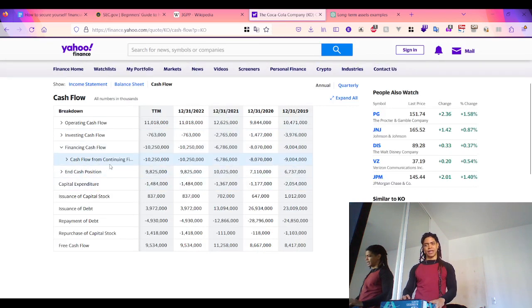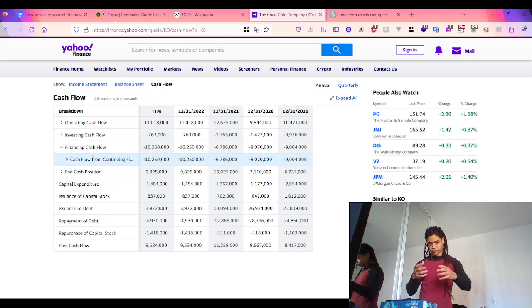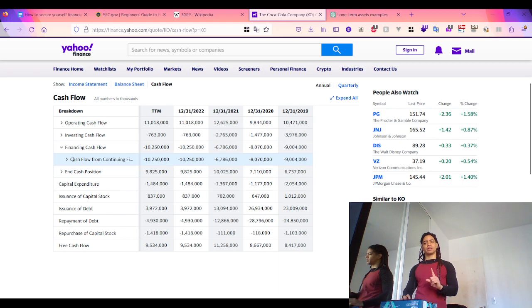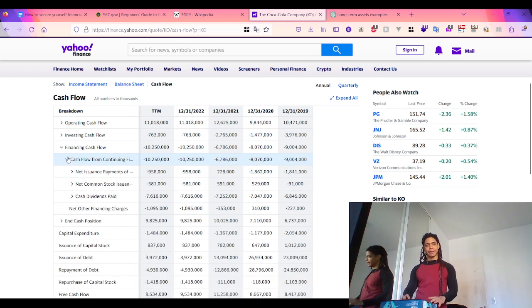The financing cash flow section gives investors the opportunity to know where the money is coming from, and how much funds the company is raising.